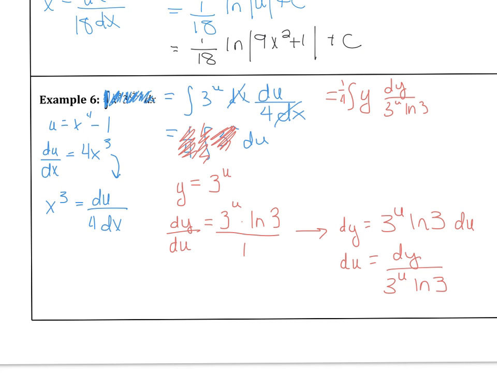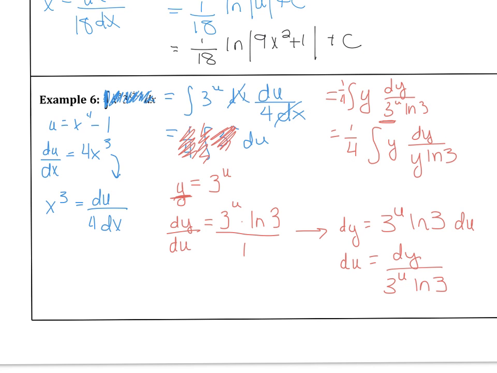Oh no, we've got u's and y's, and this is single variable calculus right now. This isn't multivariate calculus. I just want one variable to integrate, please. But remember this 3 to the u down here? That's just y. So let's write it like that. We'll have 1/4 integral y dy over y times ln 3.